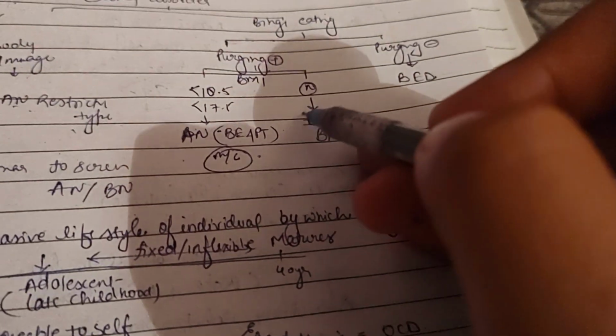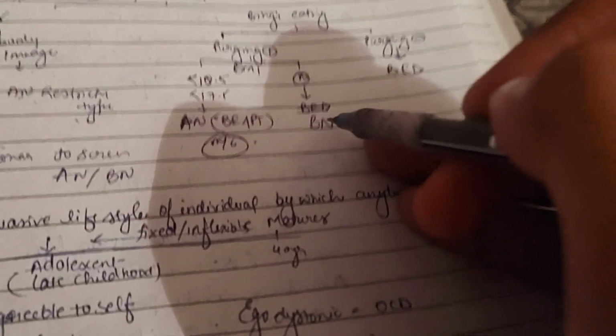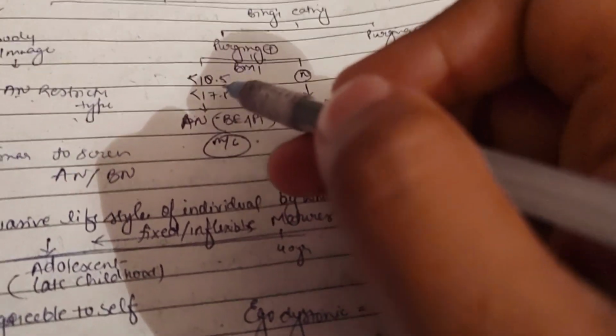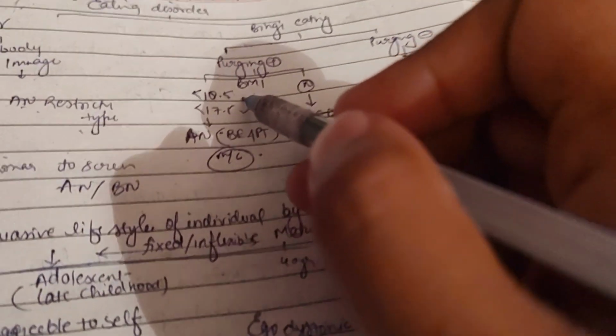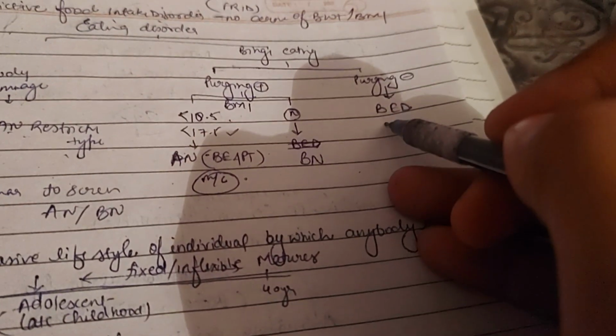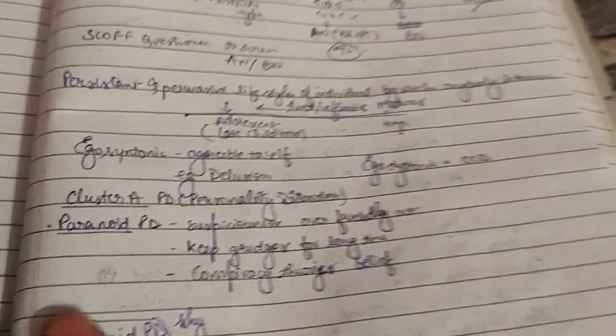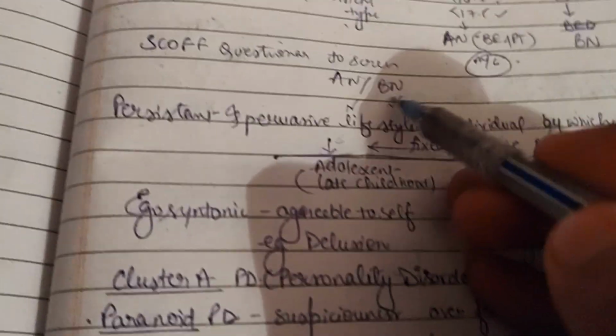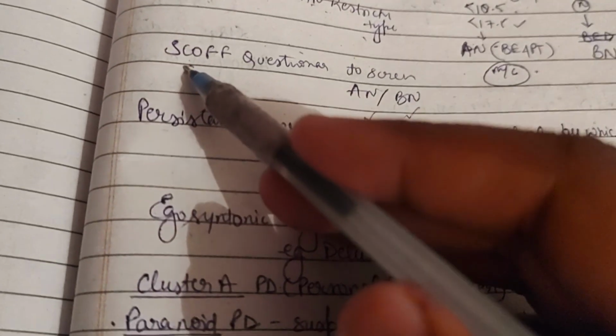If BMI is normal, then it can be bulimia nervosa. According to ICD-10, the cutoff is less than 17.5; in ICD-11, it is less than 18.5. If purging is not present, then it is binge eating disorder. For assessing anorexia nervosa and bulimia nervosa, we follow the SCOFF questionnaire.